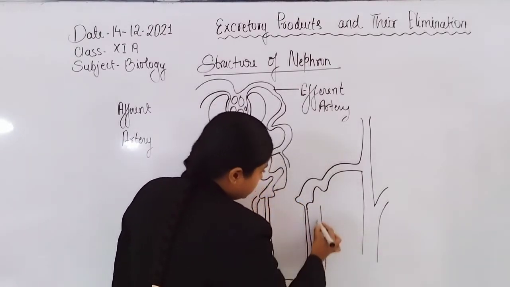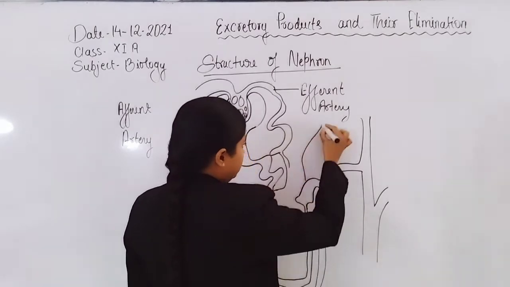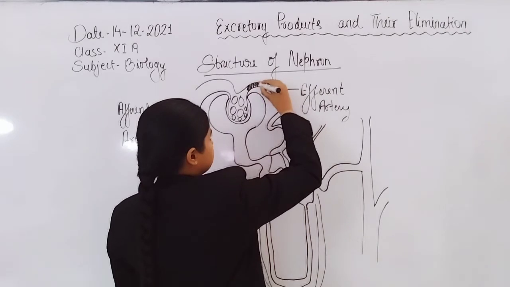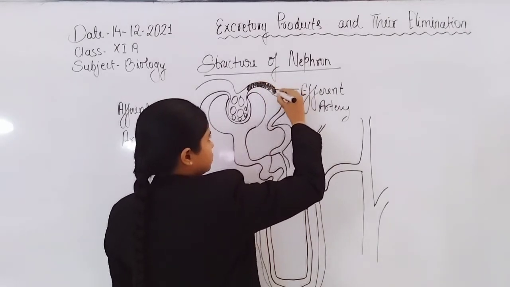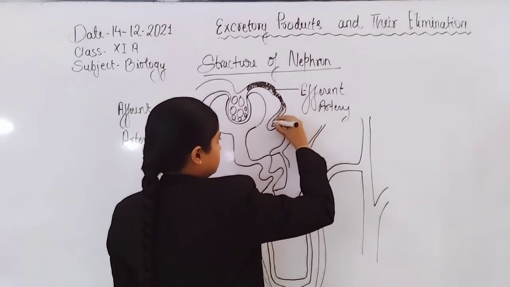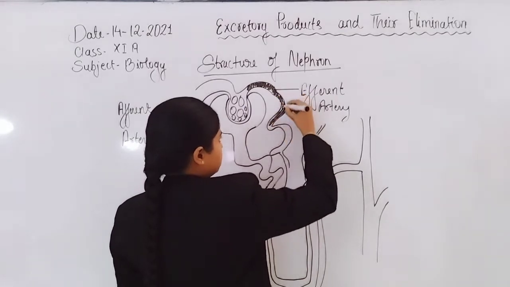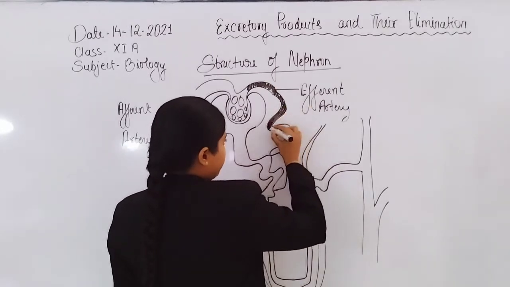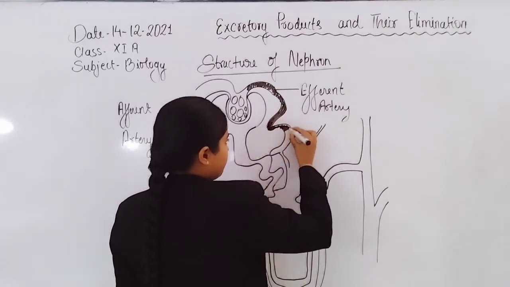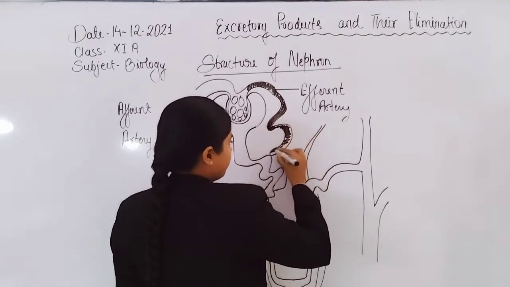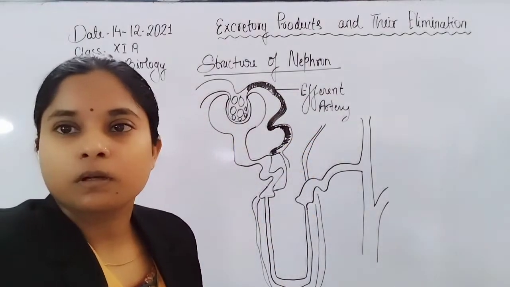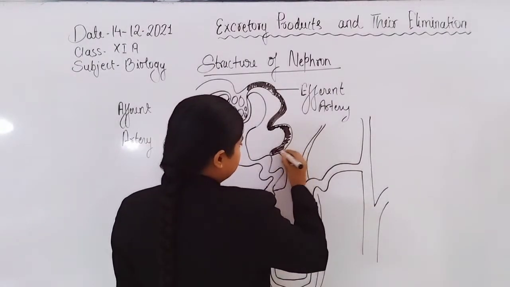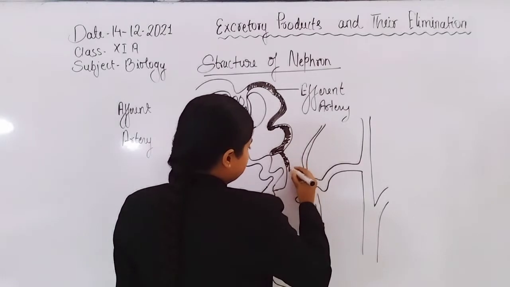So here the loop of Henle is covered by the vasa recta.